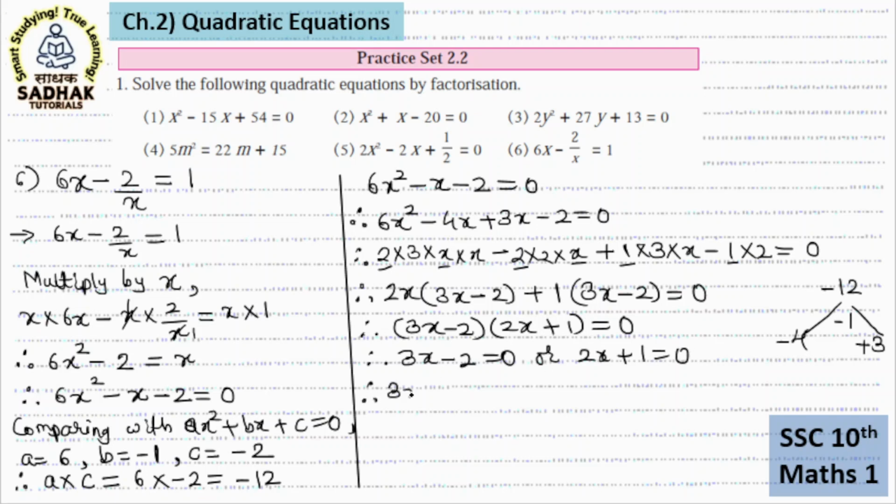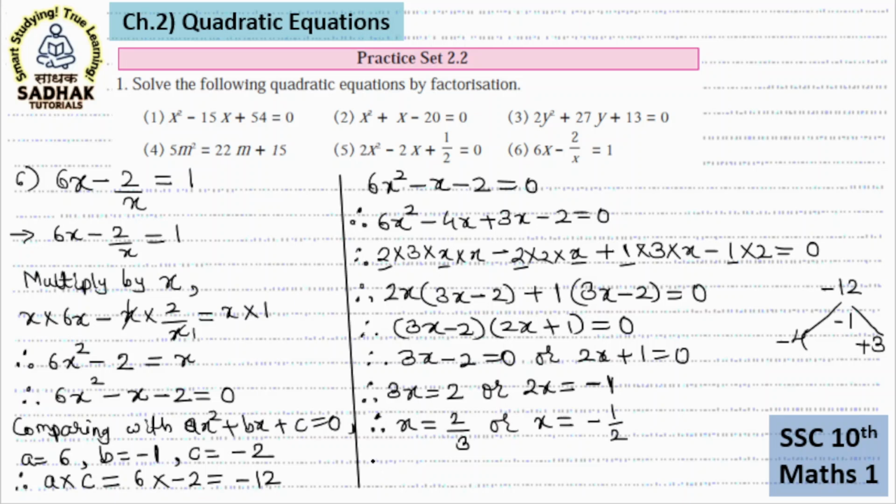Therefore 3x is equal to 0. This minus 2 when it goes on the right hand side it will become plus 2. So 0 plus 2 is 2, or 2x is equal to this plus 1 when it goes on the right hand side it will become minus. So 0 minus 1 is minus 1. Therefore one value of x will be 2 upon 3, and this 3 it will go in the denominator, or another value of x will be minus 1 upon 2.